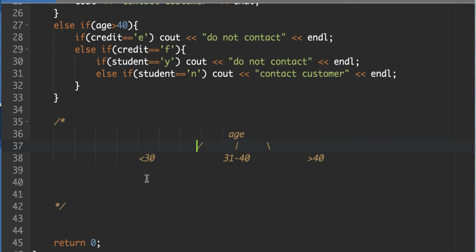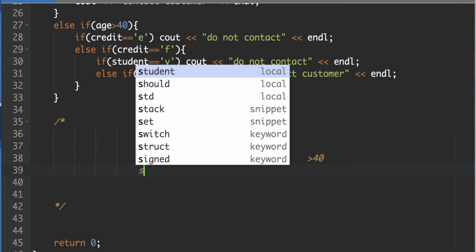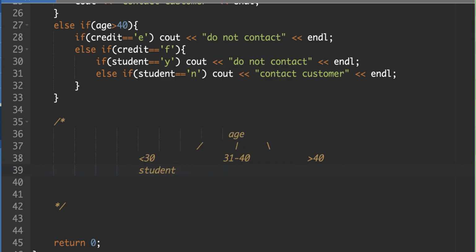Now, if they are less than 30, what I care about is if they are a student or not.